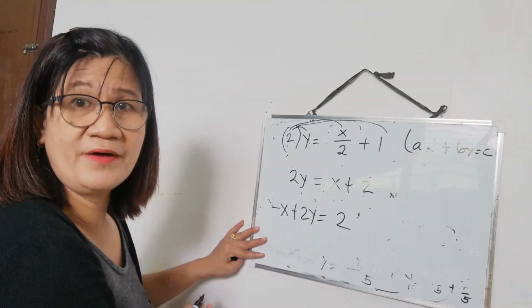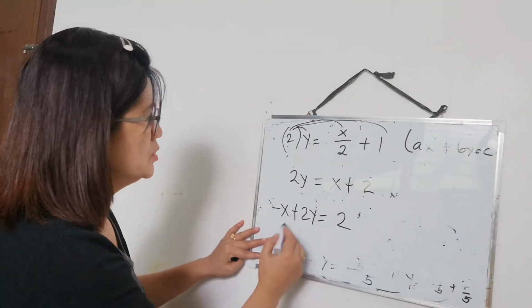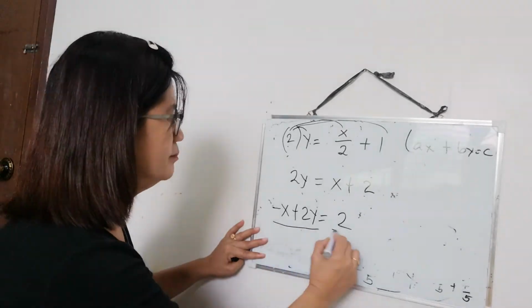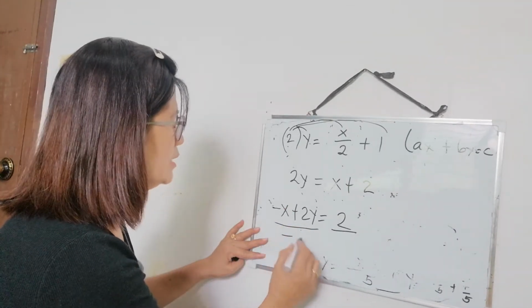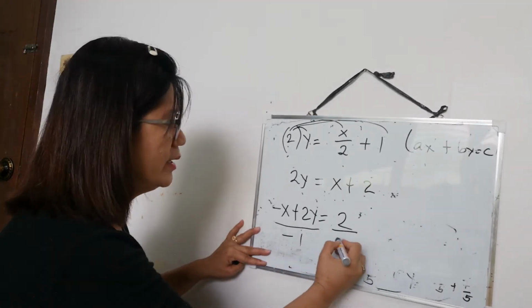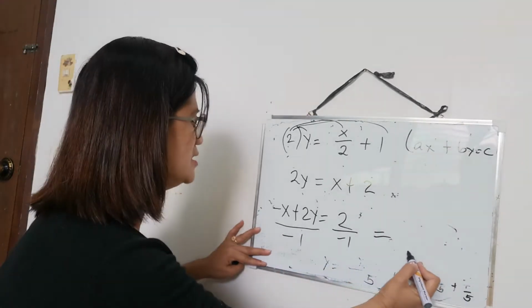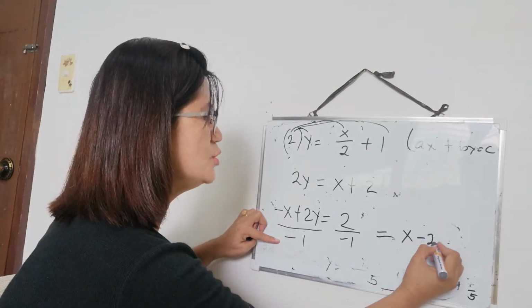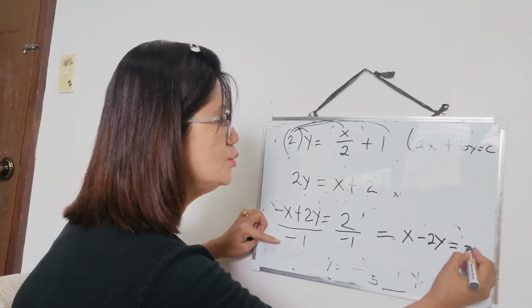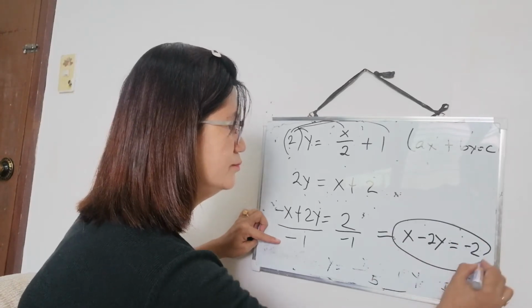But that's not yet final, no? So, we will divide again both sides. Para maging positive si x, divide all the terms by negative 1. So, the final answer will be positive x, negative 2y is equal to negative 2.